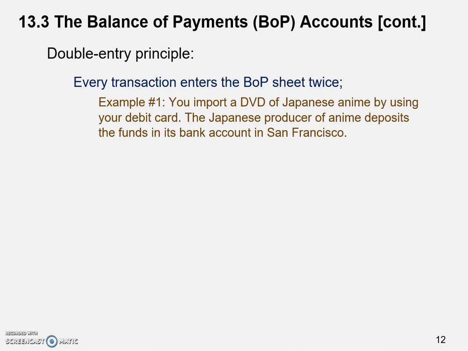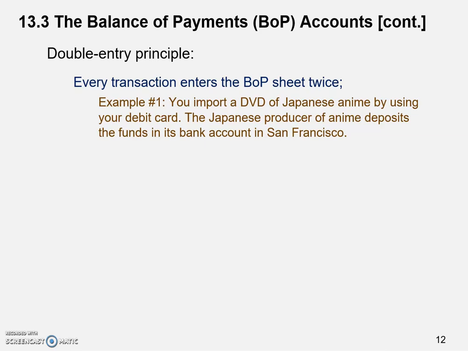The first example is if you import a DVD of a Japanese anime by using your debit card. Of course, this is going to be recorded under the current account as a debit, because the money flows out to make the payment, and you imported this product to the U.S. We also find that the Japanese producer of the anime deposits the funds in its bank account in San Francisco.